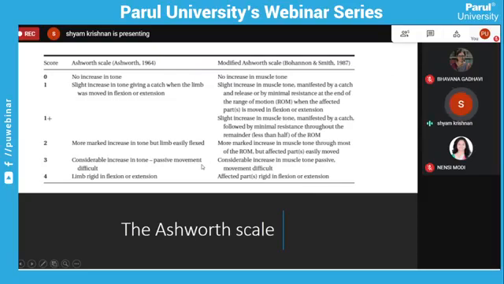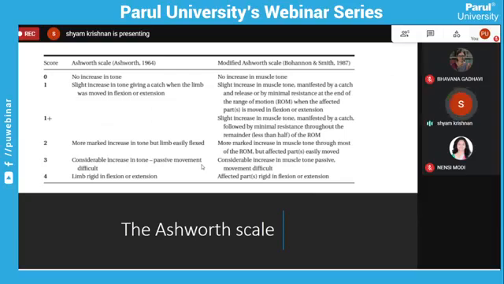Now the problem with this scale is that it depends a lot on the therapist who is assessing. To give an accurate definition of what a catch would be or what a release would be is impossible. It is a subjective experience, in the sense you are doing it, you feel a catch. I am doing it, I may not feel a catch, or I may feel a catch much before you feel. So all the subjective factors come into play when you are doing this evaluation.